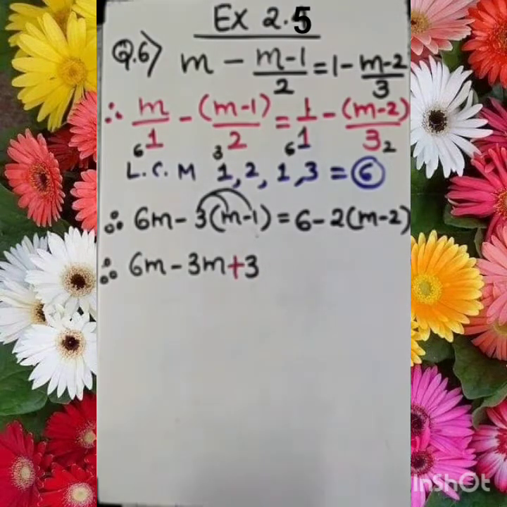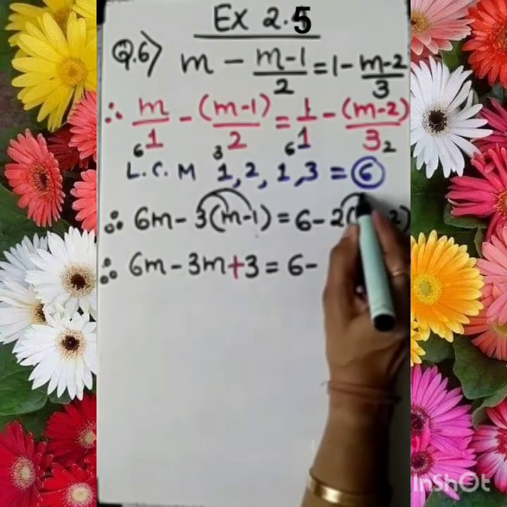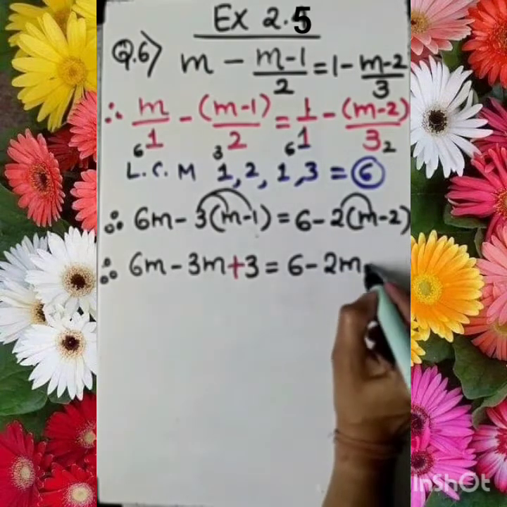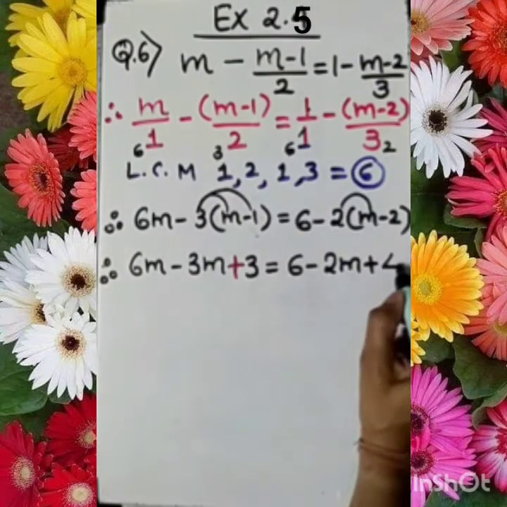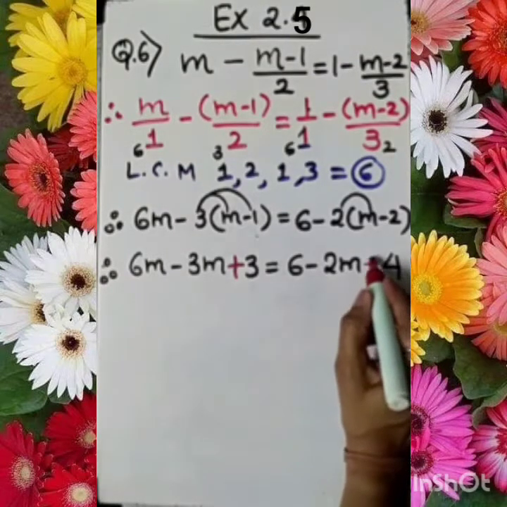Clear? So next step, equal to, here we need to mention this is 6 minus 2 into m, 2m minus, minus plus 2 twos are 4. So dear student, here I need to mention plus. Fine. So I am writing here plus.